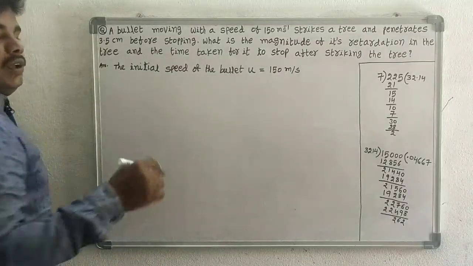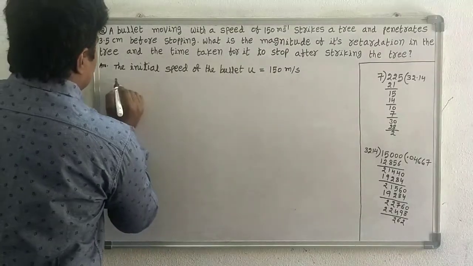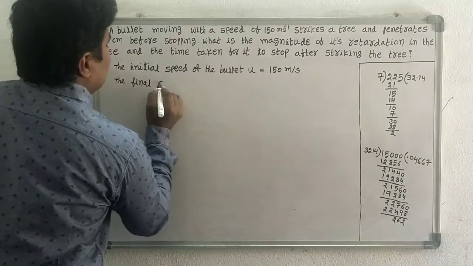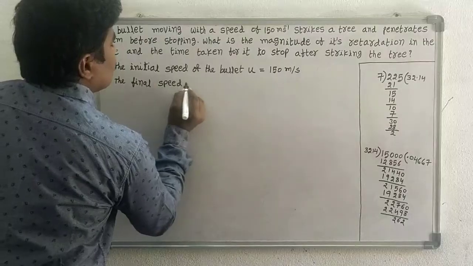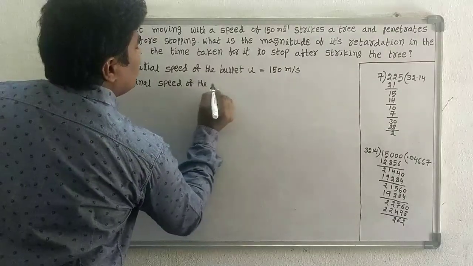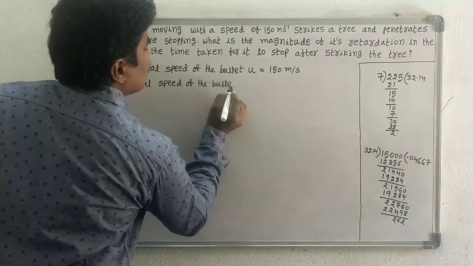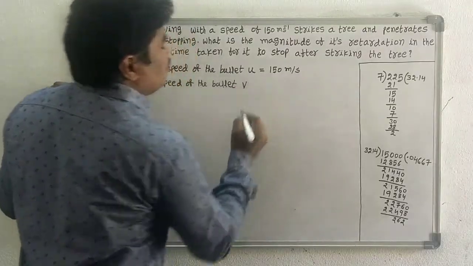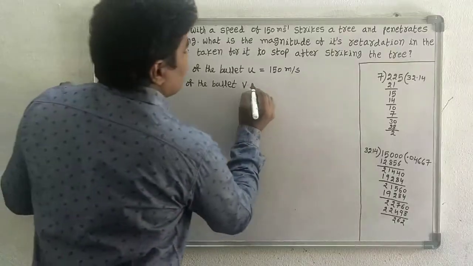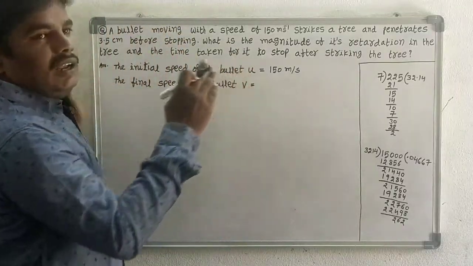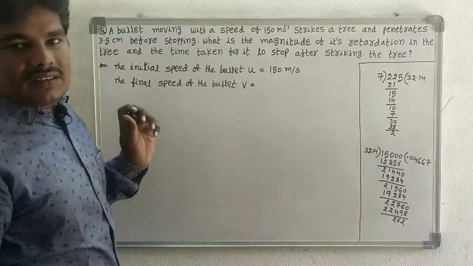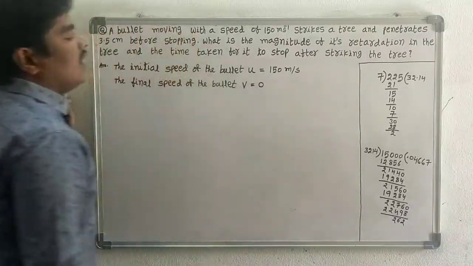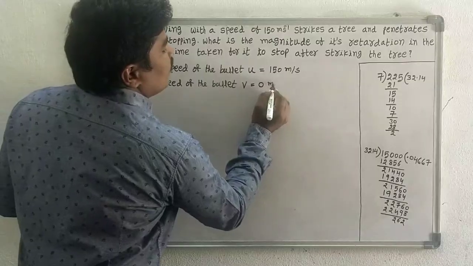Now we write the final speed of the bullet. That final speed is represented by v. In the tree, that bullet came to rest. It stops in the tree. That's why the final velocity becomes 0.